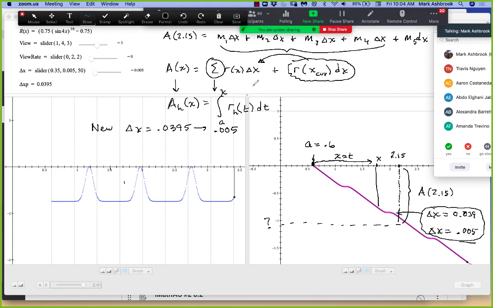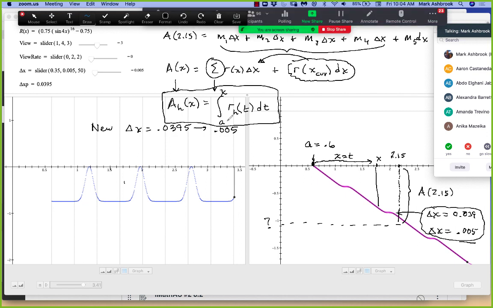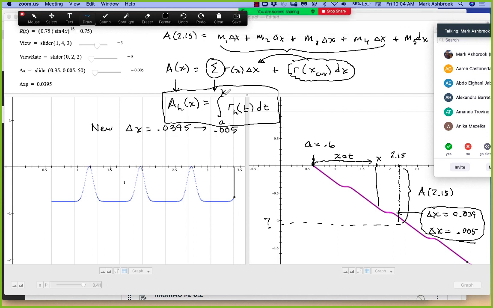So when our delta x gets small enough, we have new notation for the exact accumulation function, and it's this. It's the net accumulation from A up to x, and that's by summing up all the changes as the variable varies from A to x.